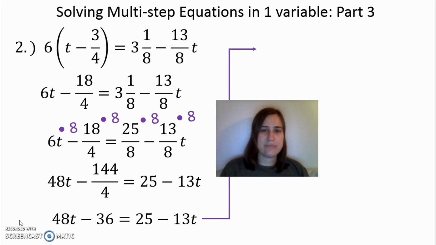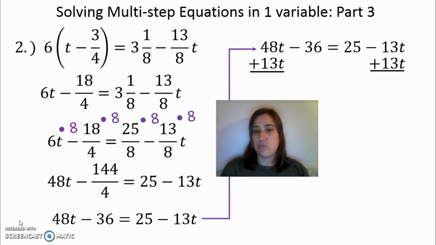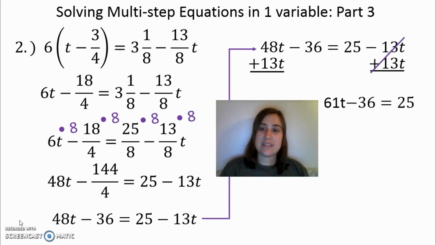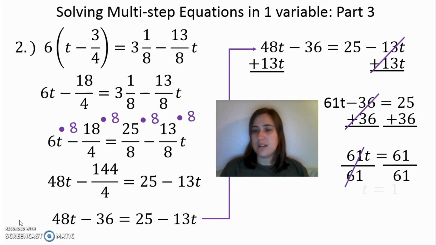So here's the arrow. So let's add 13. That gets rid of the minus 13t. And that leaves us 61t minus 36 equals 25, which is just this 2-step problem. So we add 36. And we divide 61. And t equals 1.